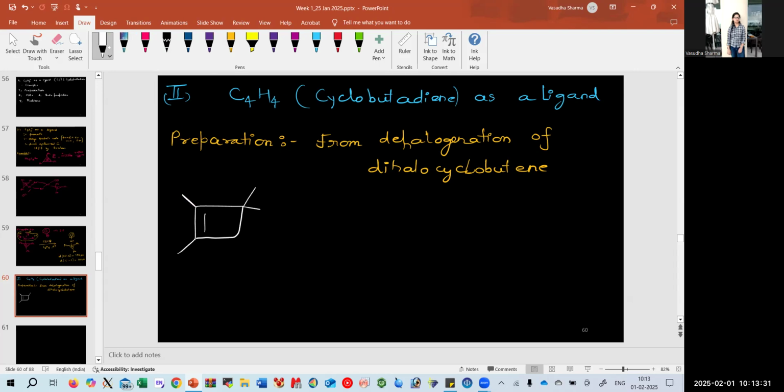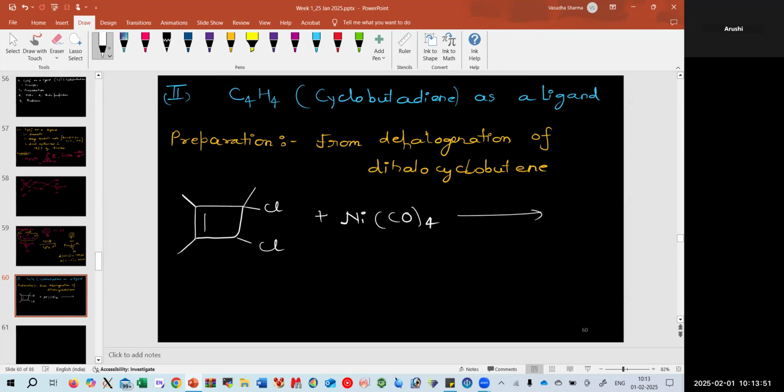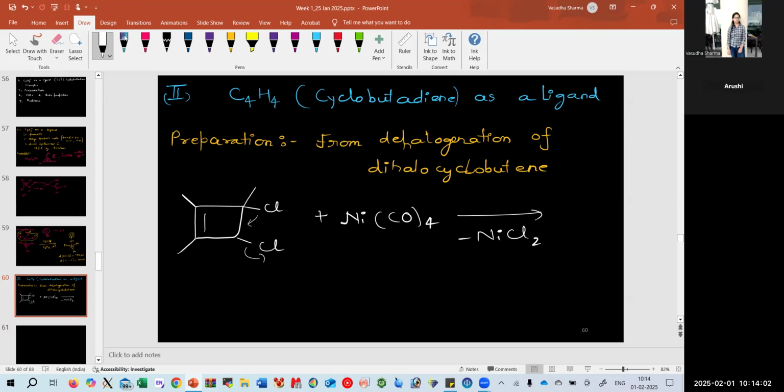This is a substituted dihalocyclobutene. One double bond is there, so it is butene, with 2 halogens. So this bond will come inside and this chlorine will be released. And since we have Ni(CO)4 here, it ultimately reacts with the nickel, releasing nickel chloride, and it would form a structure this way.